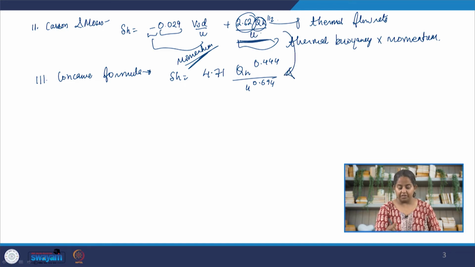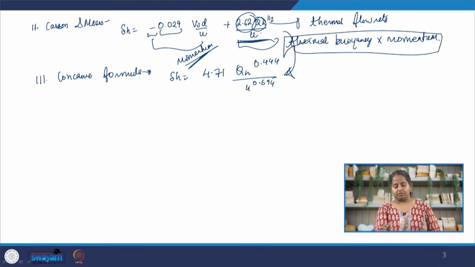We have only one term, we do not have two terms, and this term accounts for both thermal buoyancy and momentum, because QH is the heat flow rate, which of course incorporates the mass of the smoke. The more mass, high temperature, QH will be higher. Less mass, same temperature, QH will be lower. Notice also that the power of QH is quite comparable, and U is less important than it was here. So, we do not have this damping term. So, Concawe model is sort of an improvement over Carson and Moses formula.